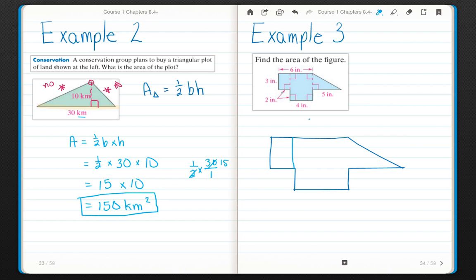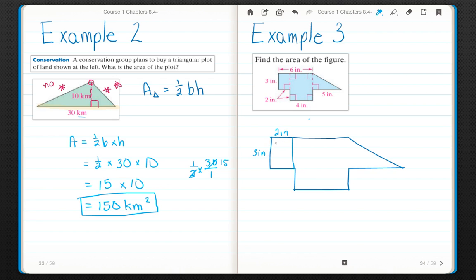I have a rectangle here. If I look at my dimensions, it's telling me that the distance here is 2 inches, which means that this distance up here is also 2 inches. And it is 3 inches tall.